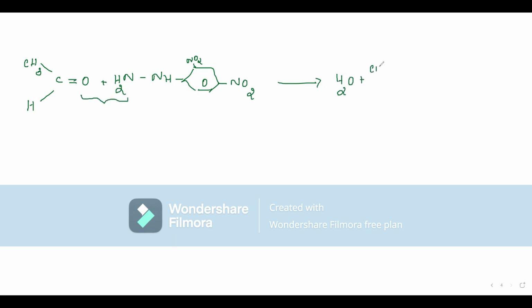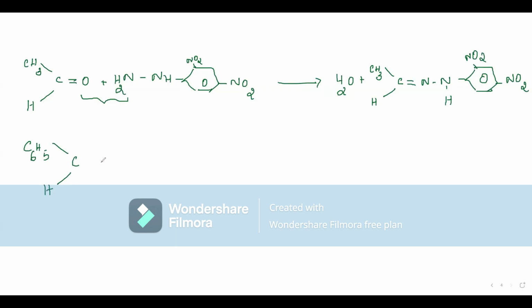So you have CH3CH double bond N, NH, and a ring with 2,4 position containing NO2 group. All right. Repeat with C6H5CHO. Okay. The product will be called 2,4-dinitrophenylhydrazone.